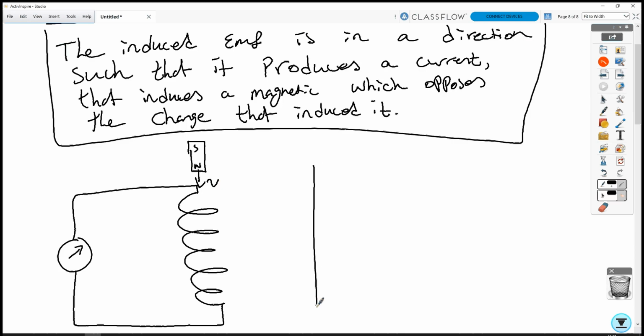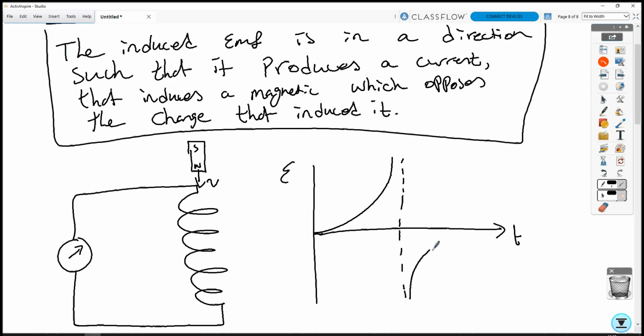So as that falls, we see the EMF change in such a way. So the EMF will increase, and then it will become negative and then decrease.